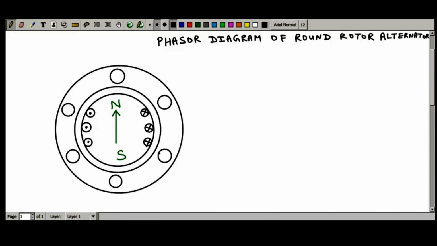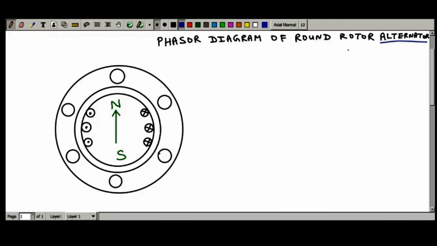Now let us further assume that the rotor is being driven by a prime mover, because we have taken an alternator. Alternator means your synchronous generator, and synchronous generator means that input will be mechanical energy, and that input mechanical energy is provided by a prime mover.